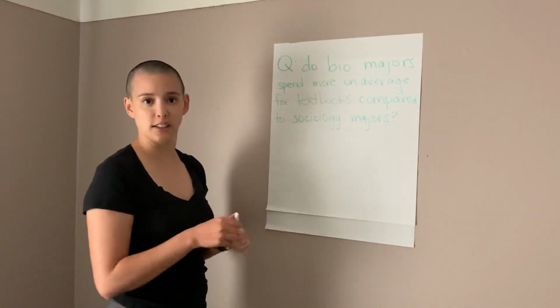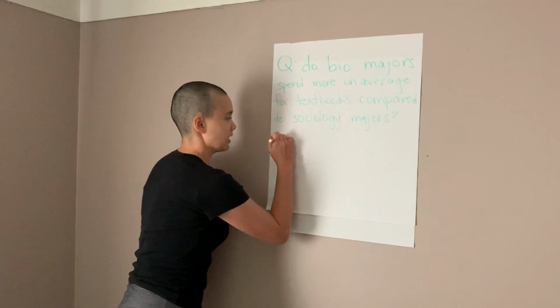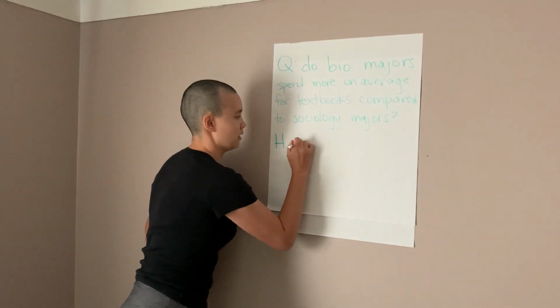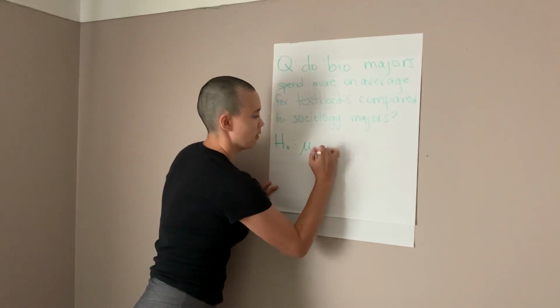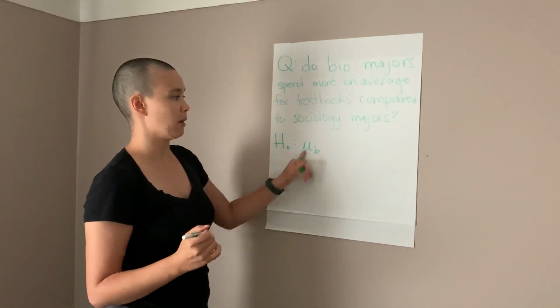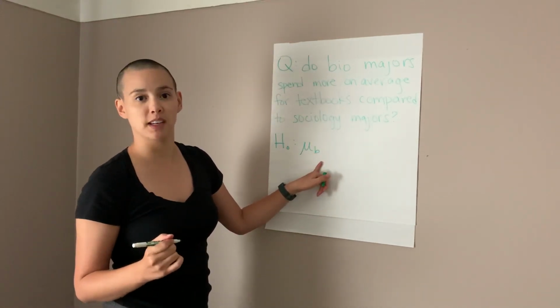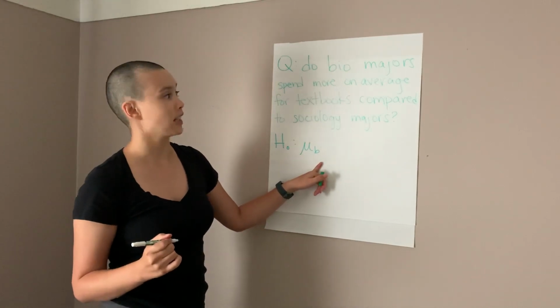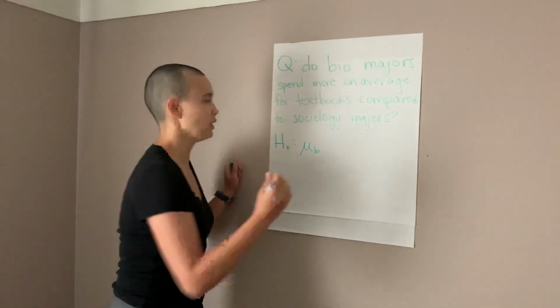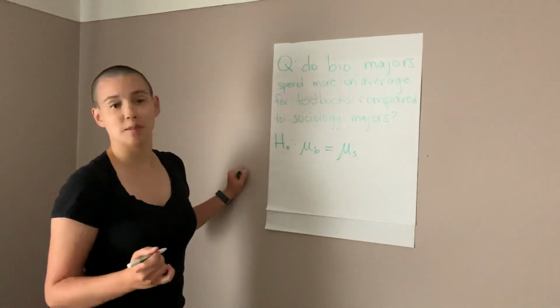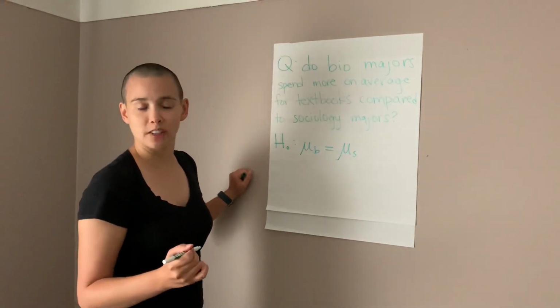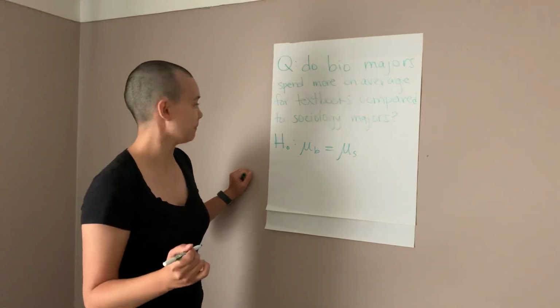And in statistics, we can write this down as a null hypothesis that mu b, or the mean amount that biology majors spend on their textbooks in a semester on average, is equal to mu s, which is the mean amount that sociology majors spend on their textbooks in a semester.